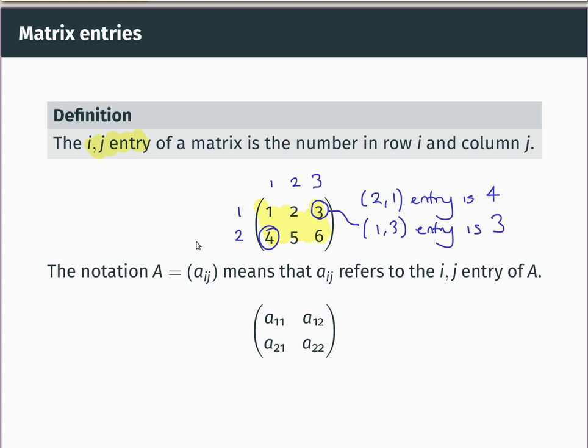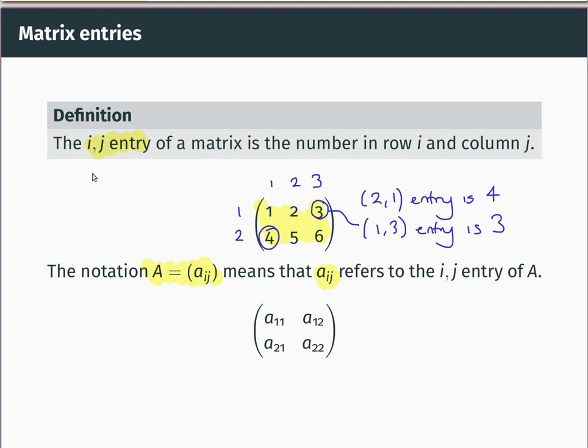So when we're talking about a matrix and we don't necessarily want to specify its entries explicitly, for example, if we want to talk about an arbitrary matrix, we'll often use the piece of notation on the bottom here. So when we write this, we say a matrix capital A is, in brackets, little a sub ij. What we're doing is we're referring to the ij entry of capital A as little a subscript ij.